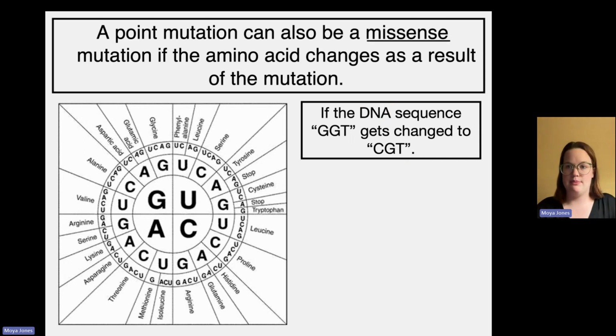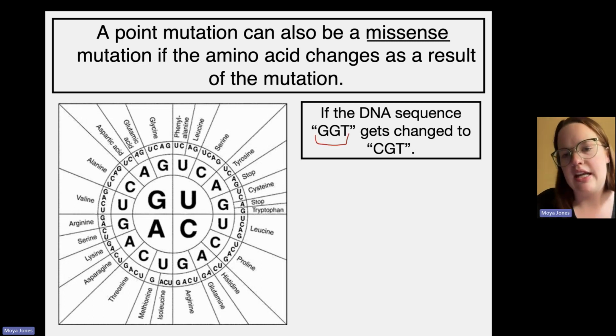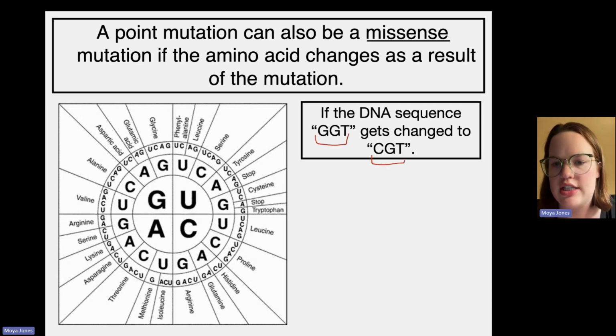Our next type of point mutation is called a missense mutation. In a missense mutation, it will cause the amino acid to change, and therefore it will make a new protein. So there would be a difference in the individual. That would be like if the DNA started as GGT and it got changed to CGT.